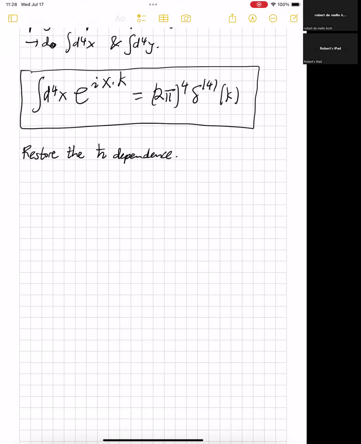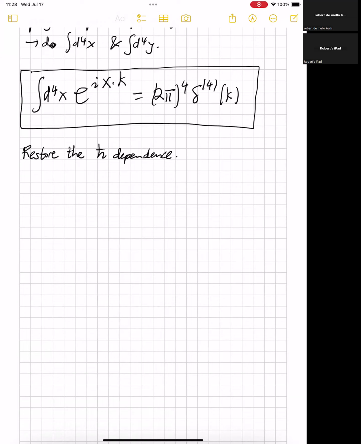Okay, so what I would like to do now is restore the h bar dependence. I want to put h bar back into all of our formulas. The reason is that in that way, we'll be able to learn what is the classical result and what are quantum corrections.